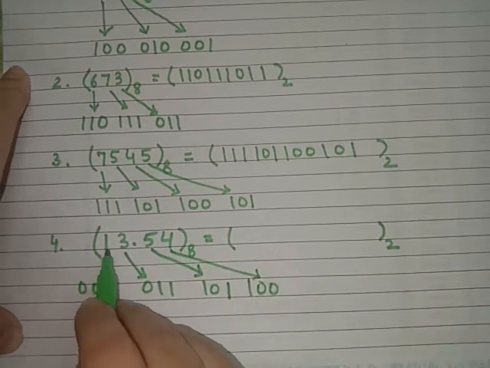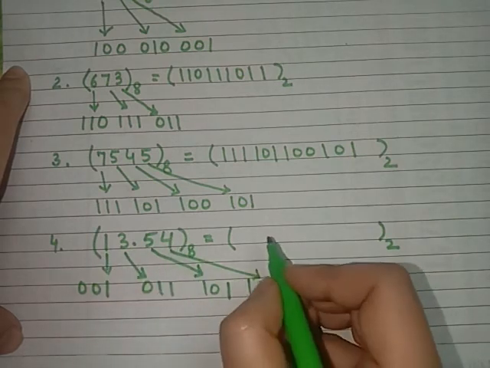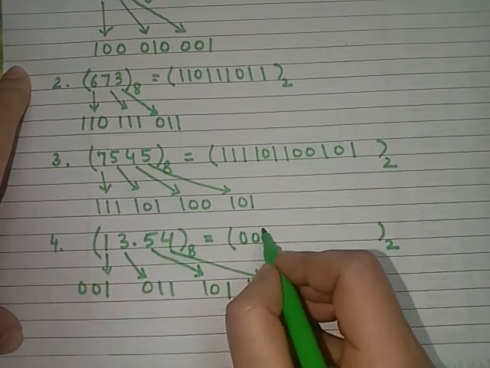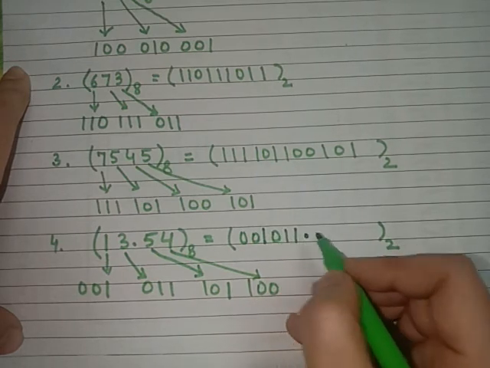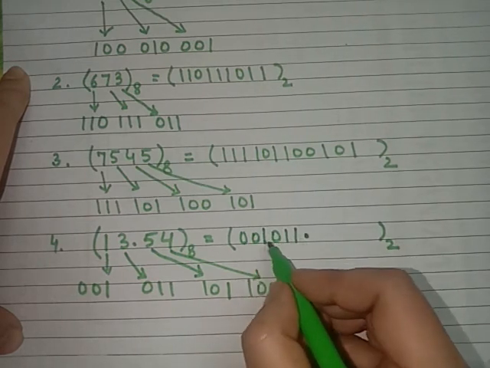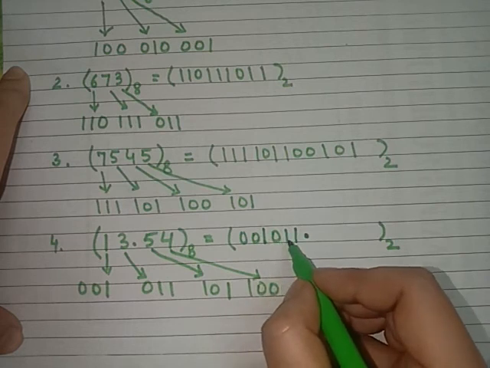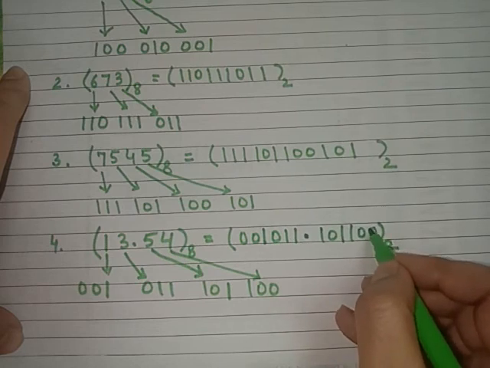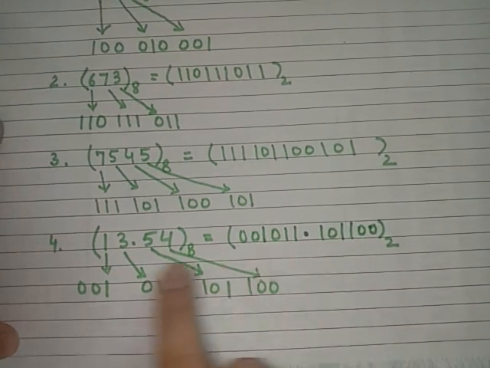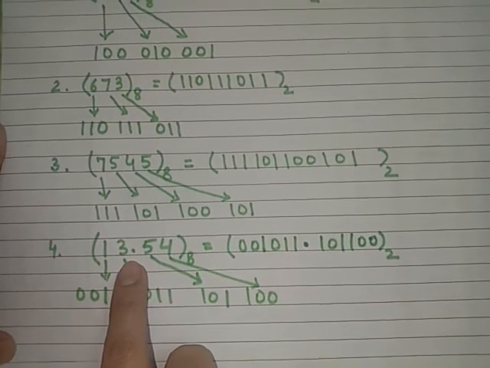So the number 13.54 will be equal to 001 011, here I will be considering the decimal point also, .101 100. This is the binary equivalent of this octal number.